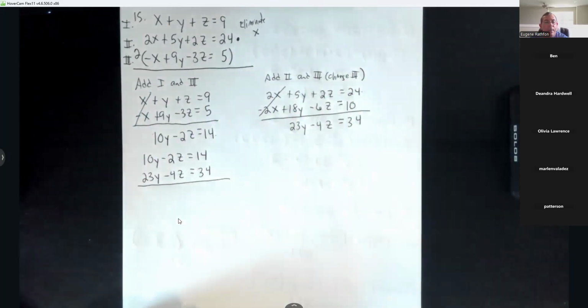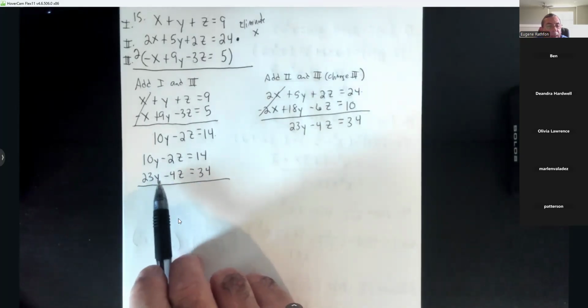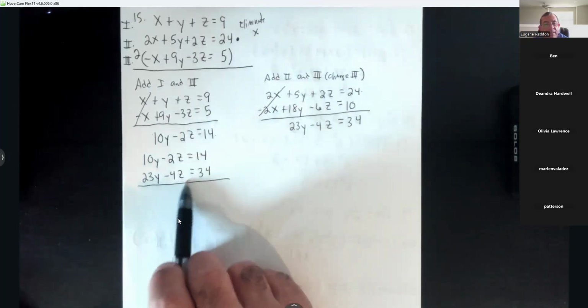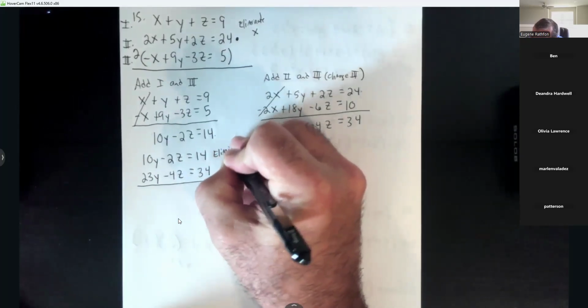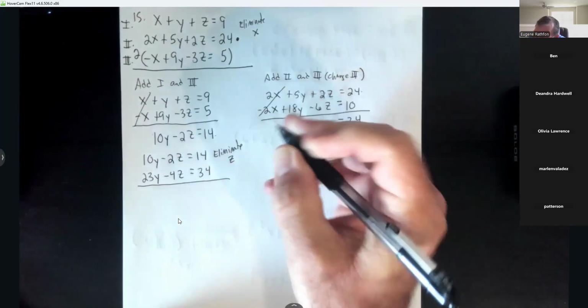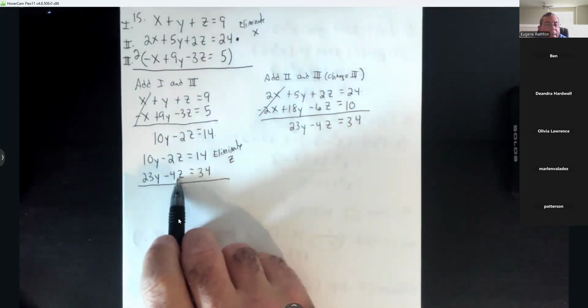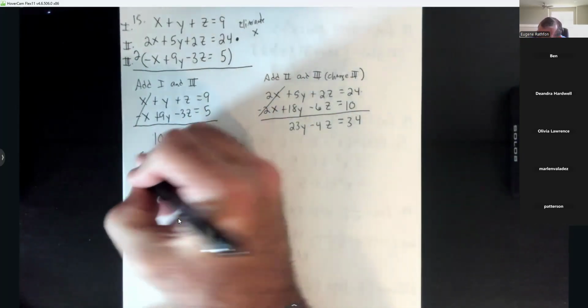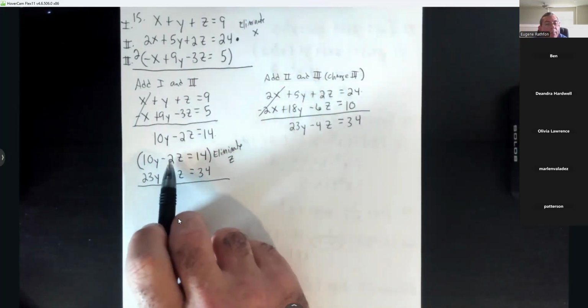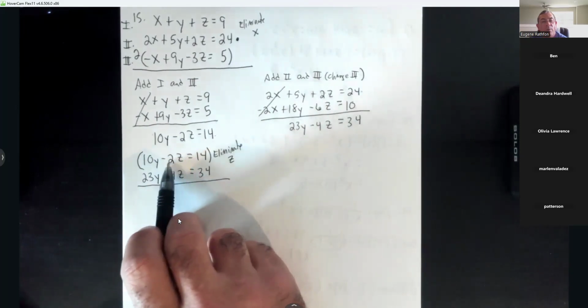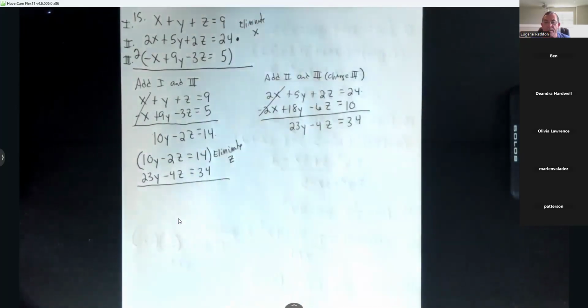All right, so I think the z's will be easier here. So here, I'm going to eliminate the z. Now, if I'm going to eliminate the z, I'm going to change this first row, because this one's negative 4. We need to make this negative 2z into a positive 4z.